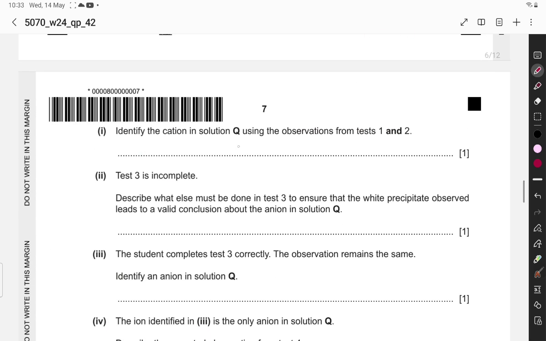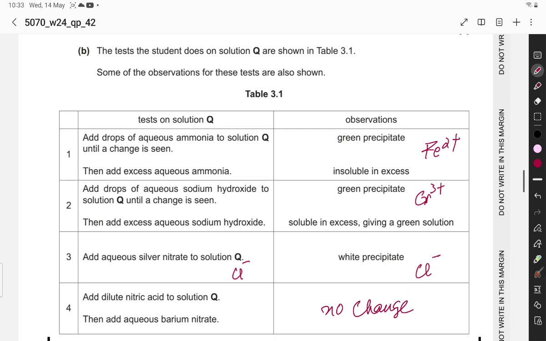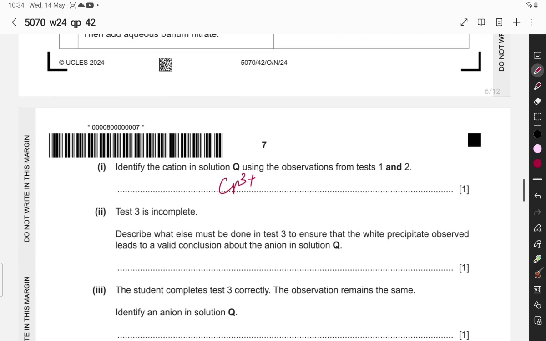Identify the cation in solution Q using the observations from test 1 and 2, that is chromium ion. This is insoluble in ammonia. With ammonia, chromium ion is insoluble in excess.